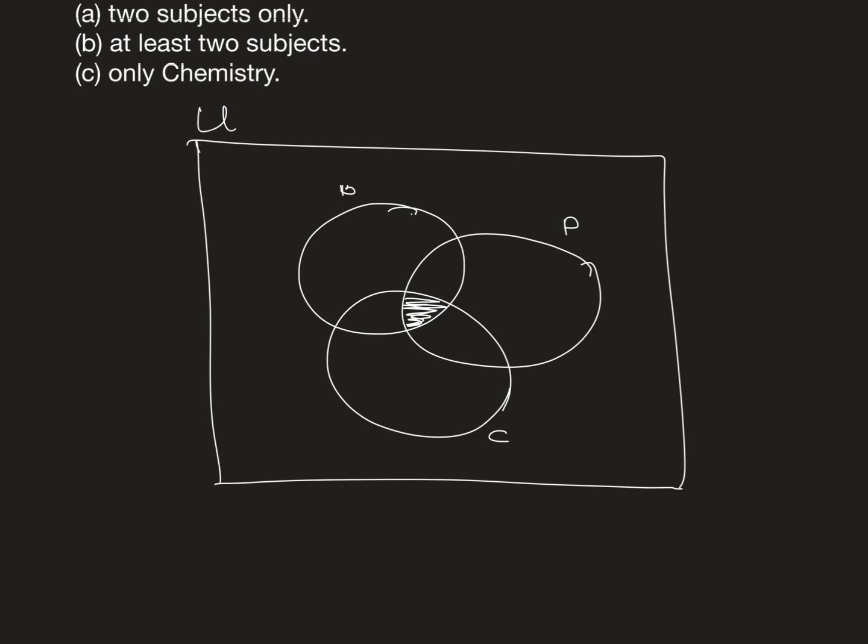There are students who will be studying only two subjects, maybe biology and chemistry, maybe physics and chemistry, maybe biology and physics. So all of these will have a specific region. That is why I want to draw a proper diagram to explain this topic in detail.